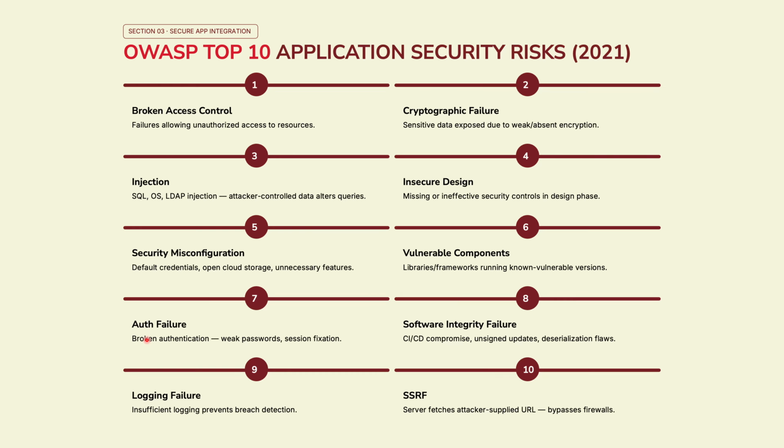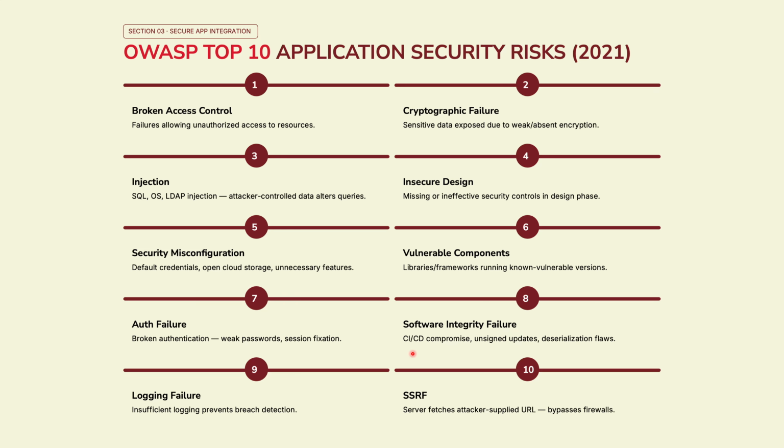Number 7, we have the authentication failure. They call it identification and authentication failures, which covers broken authentication mechanisms, including weak passwords, session fixation, and MFA bypass. Number 8, software and data integrity failures.